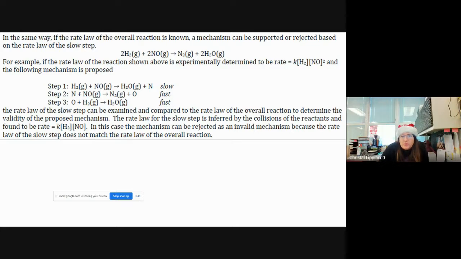So our rate is going to equal H2 in brackets and then O2 or NO in the other brackets. Here, well, it does in your overall reaction, but this is your rate determining step. This is what's going to determine your rate. This is your Jaden and your Matthew. This is what's going to slow you down.